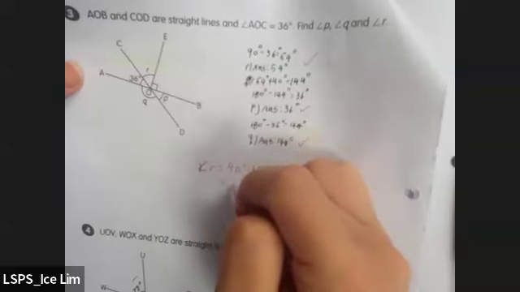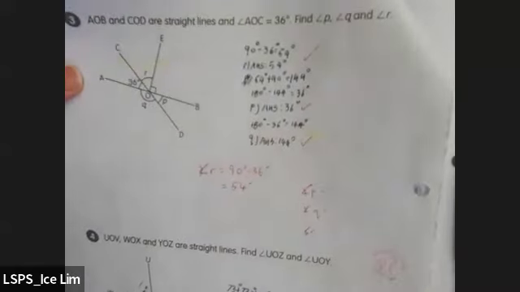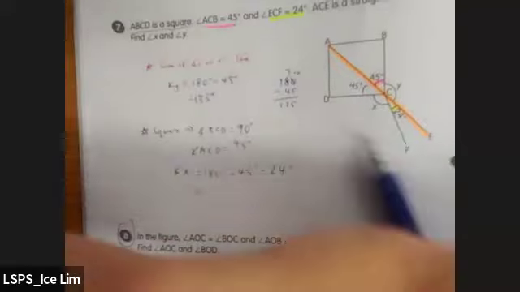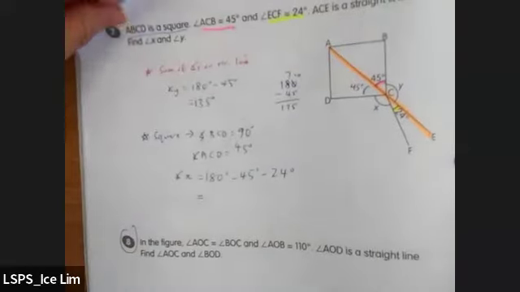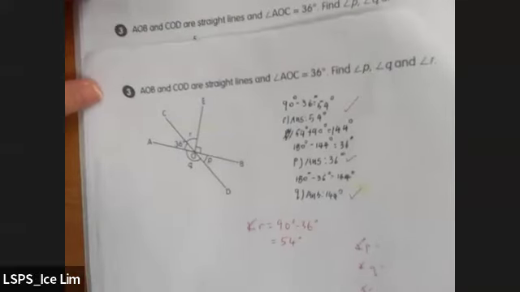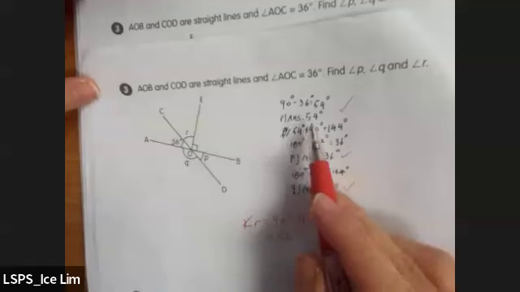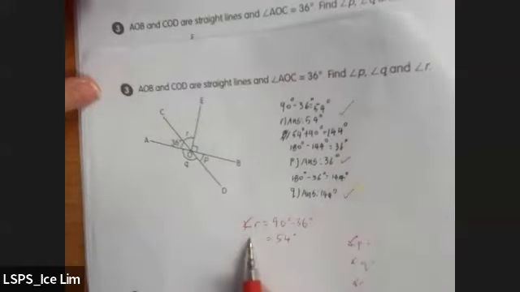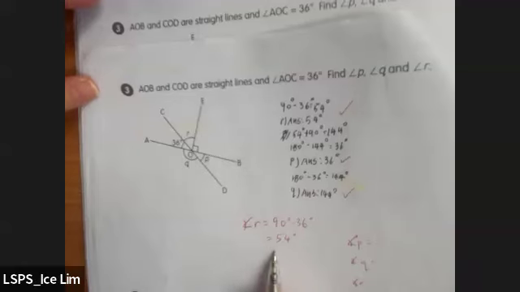That's equals 54 degrees. That's how it should be presented. Are we on the same question? Yes. So even though I marked it correct here, this is how you should be presenting it. In the exam, it has to be written like that.